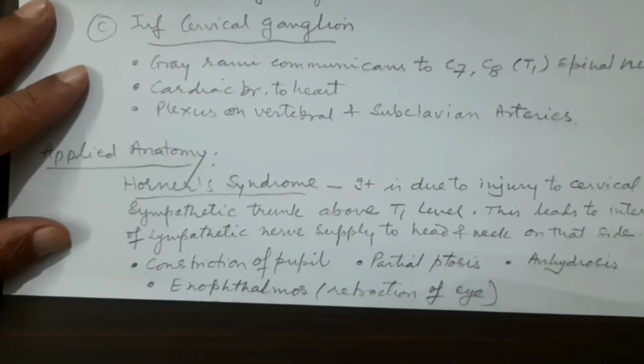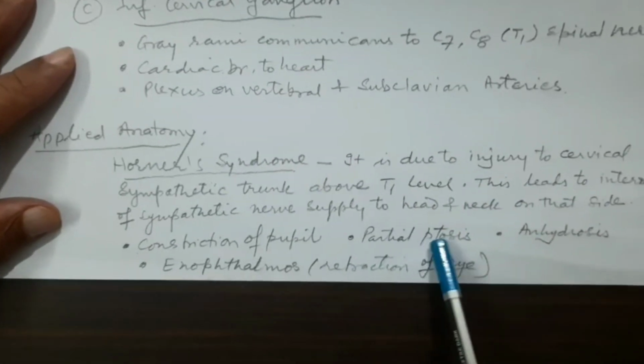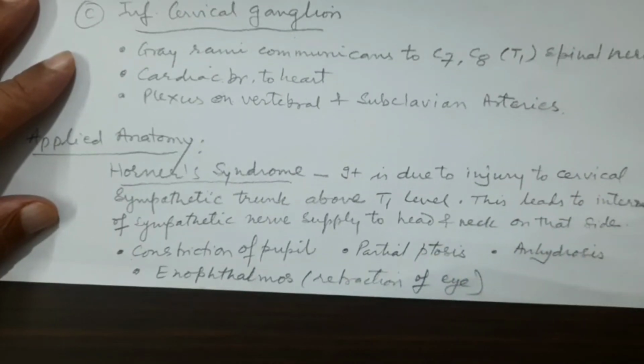Then there will be partial ptosis. Partial ptosis means that there will be drooping of the upper eyelid, and this is due to the paralysis of the smooth muscle of the upper eyelid. The levator palpebrae superioris muscle elevates the lid, but that muscle is a skeletal muscle.